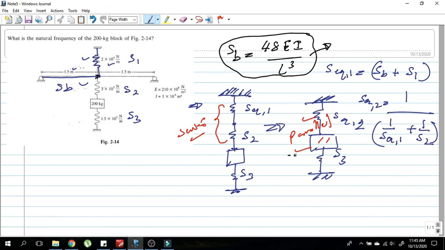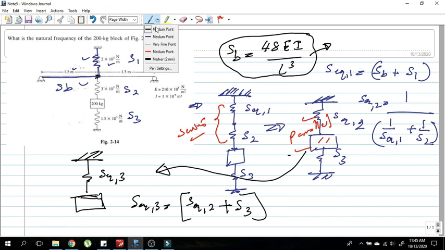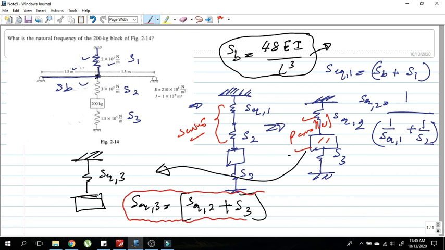We can simplify this further to a single spring, single mass system like this. S equivalent 3, and here the equivalent stiffness of the system can be written as S equivalent 2 plus S3. So this is the final equivalent stiffness of the entire system, right?